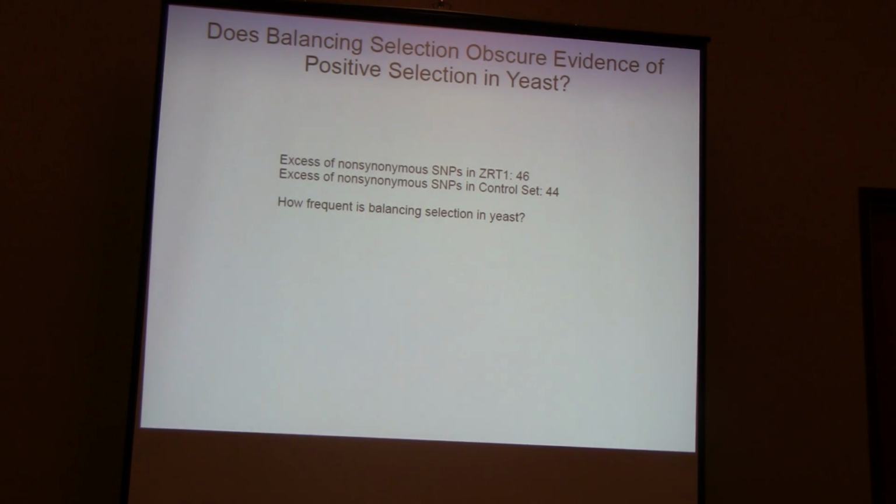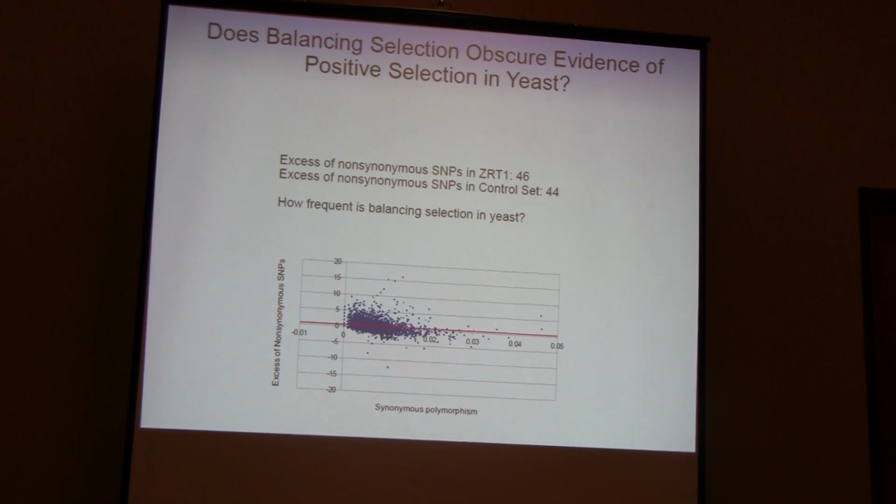And so I guess the question is, how prevalent is balancing selection? This is hard to answer because balancing selection might not always have a pattern as obvious as that found in ZRT1. In some cases it could be weaker, but it could be acting in many genes and increasing the number of common non-synonymous SNPs.